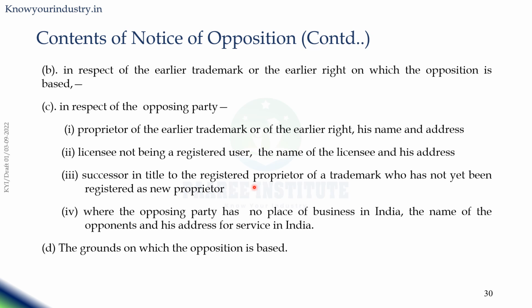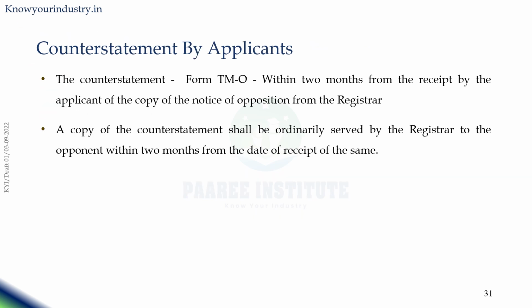Successor in title to the registered proprietor of the trademark who has not yet been registered as new proprietor. Where the opposing party has no place of business in India, the name of the opponent and his address for service in India. And the grounds on which the opposition is based. So these are the details that should be there in the notice of opposition.